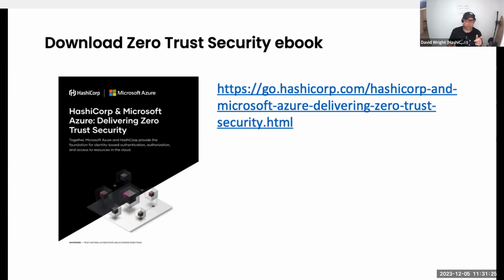There is also a joint Zero Trust ebook that Microsoft and HashiCorp have done. It's a very good read, covers a lot of the elements that Henry has talked about, and covers some of the topics I've talked about around why and how to build that, including Vault and Consul and other elements.